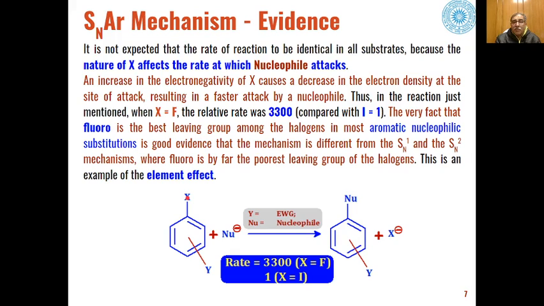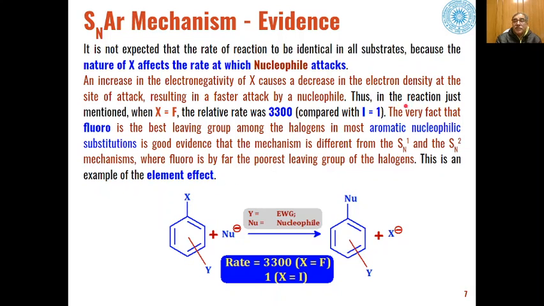If this is more electron active in nature, it will attract electron density towards itself in a better way, and because of that a faster attack of the nucleophile will be possible. So when the electron activity of X is higher, this carbon is more electrophilic and the nucleophile will attack more easily as compared to the group where the electron activity is less.